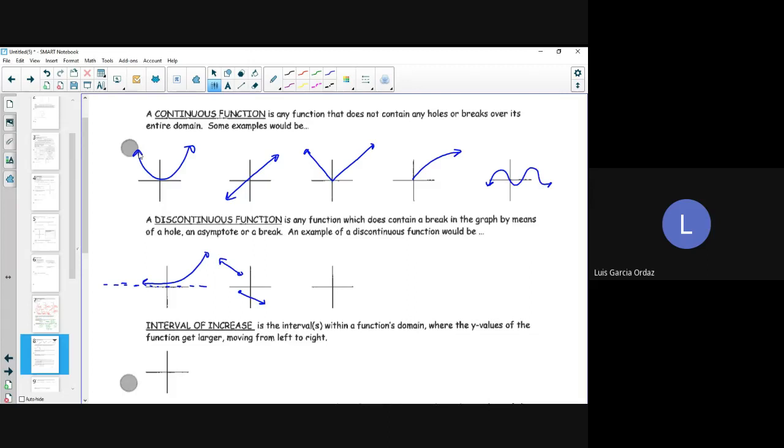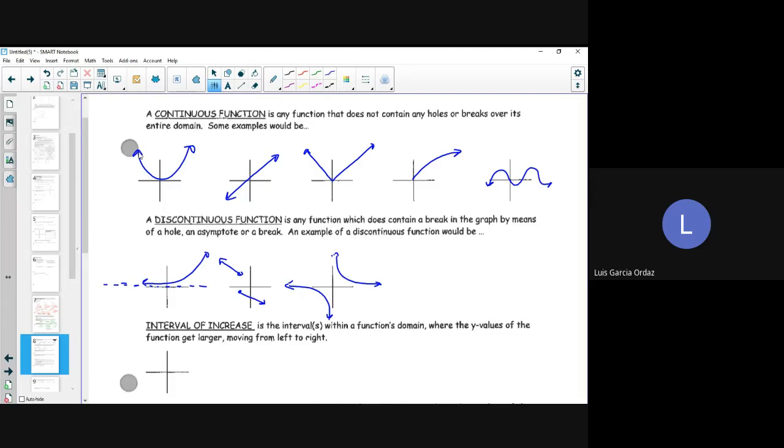The reciprocal, yes, because it has two asymptotes, a horizontal and a vertical. So those are some examples of a discontinuous function.